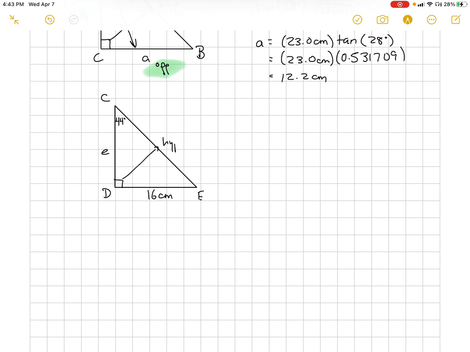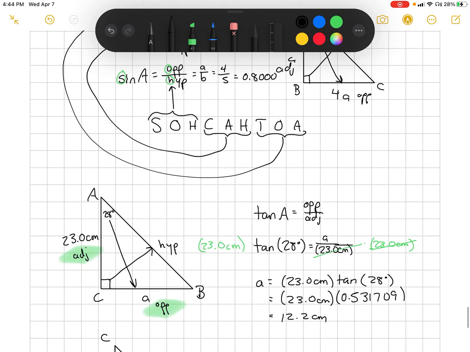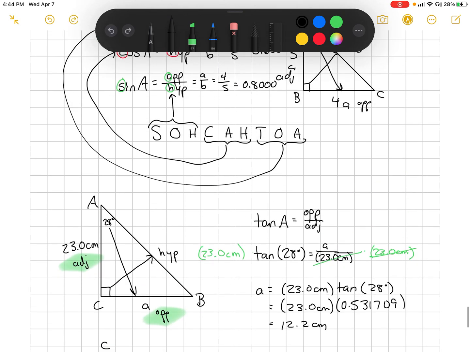Okay, label it. Hypotenuse is there, and C is our reference angle, so that would be our opposite. This would be our adjacent. Now, if you notice, we have the opposite, and by the little e that we have there, we are looking for the adjacent. So opposite and adjacent, same as before, tangent.